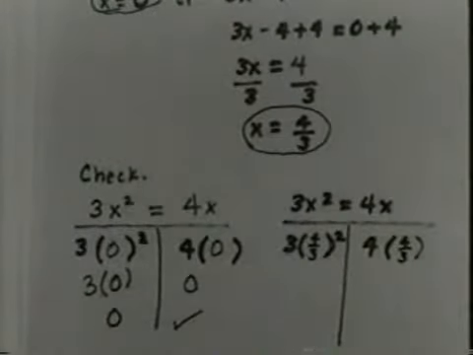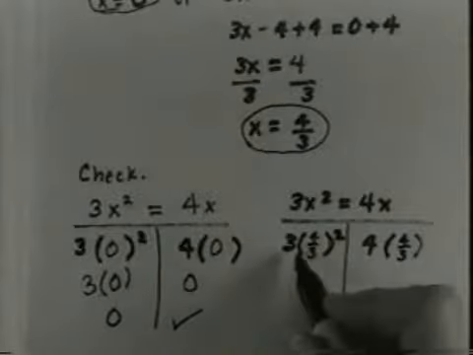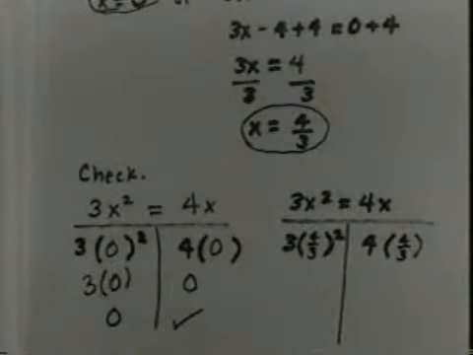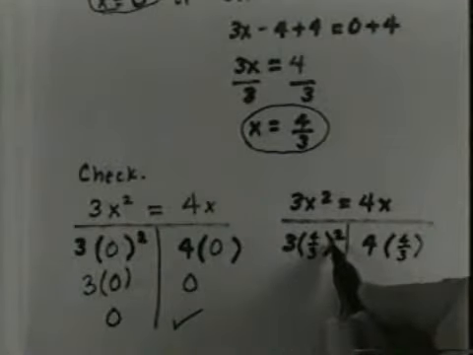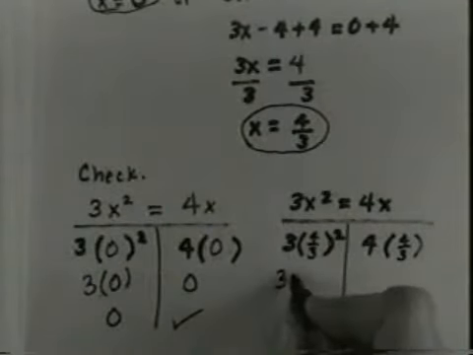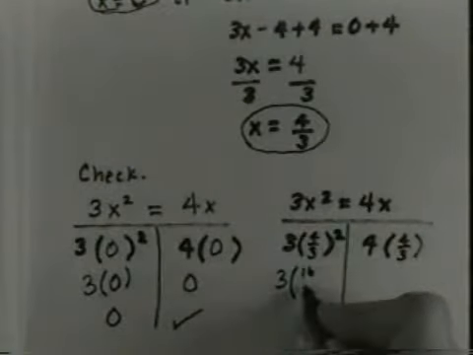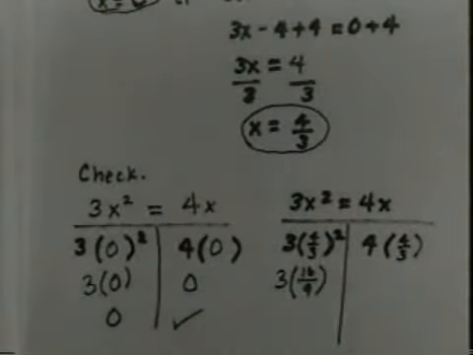expression of the equation. On the left, we have multiplying an exponent. The order of operations forces us to do the exponent first. Copy the 3, copy the parenthesis. 4 squared is 16, 3 squared is 9. We have 3 times 16 over 9.